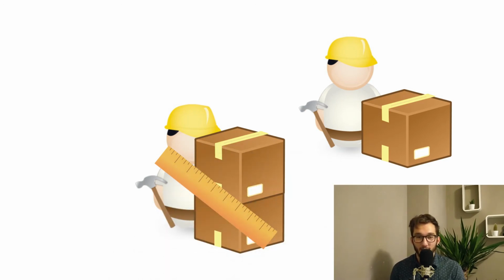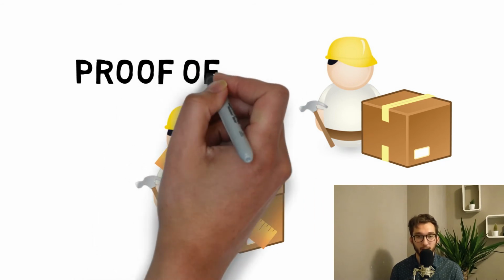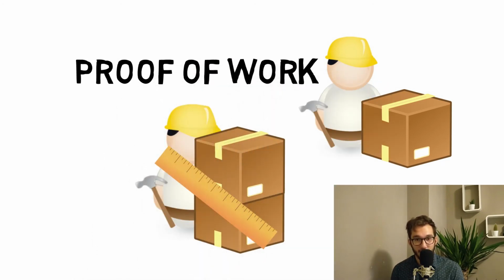They have to make sure that they find the perfect fit. So the box on top has to fit perfectly on the other one underneath. And that's the nonce they're trying to find in blockchain, and that's how they show that they are doing proof of work.